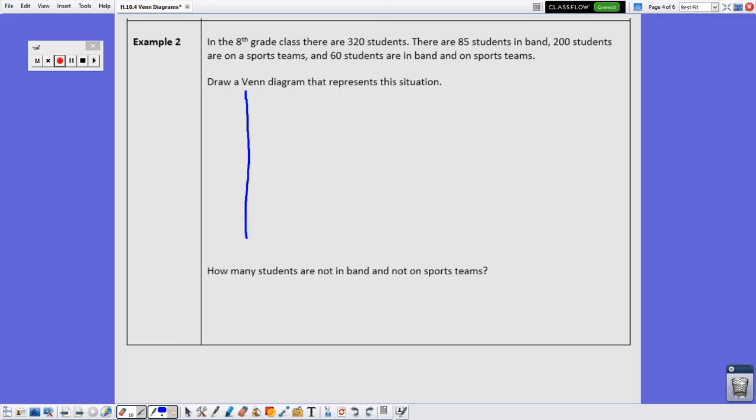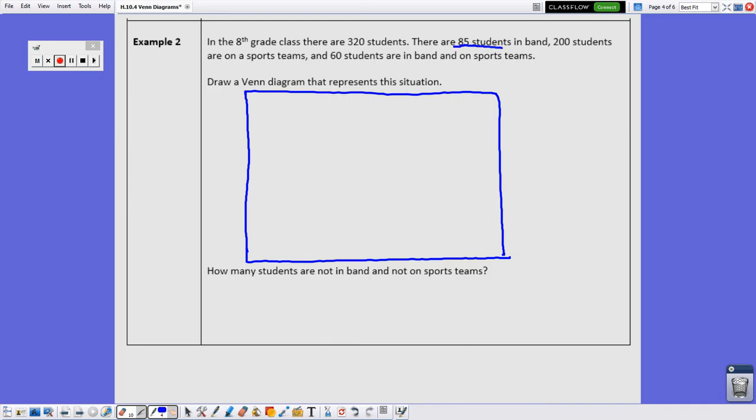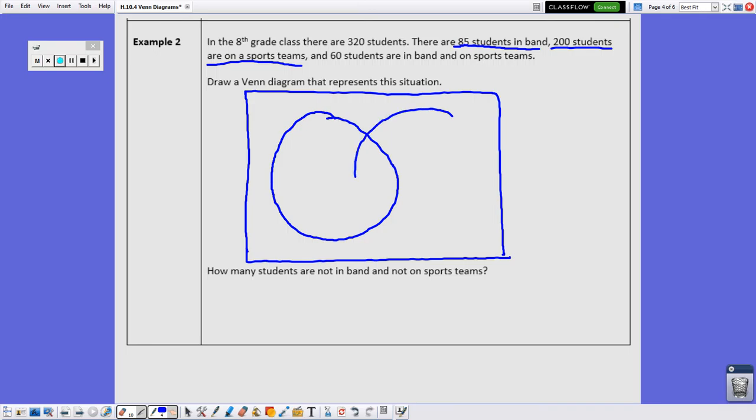So there's one very important word that's missing in this example, and it's the word only. This says there are 85 students in band, 200 students are on a sports team. That's not saying only. So when we draw our circles, we're going to have to do some subtraction to figure out how many are only in band and only in sports.